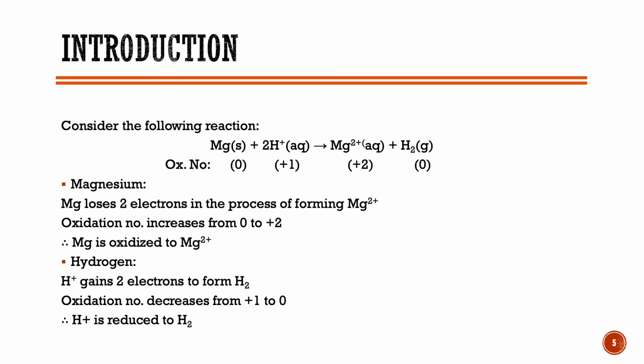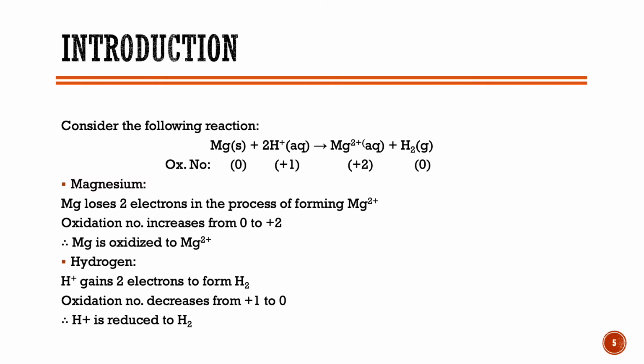For example, we consider this reaction. In this reaction, magnesium is reacted with 2H+ to produce Mg2+ plus H2. Here, we look at the oxidation number or ON changes on each half reaction.